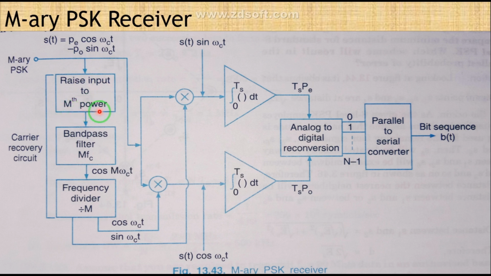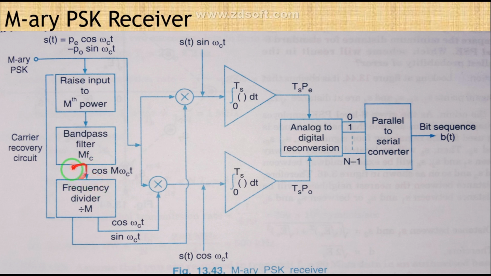Now this signal is applied to a band pass filter, which has a center frequency of M fC. At the filter output, we get a sinusoidal at a frequency of M fC, that is the Mth harmonic of your carrier frequency.